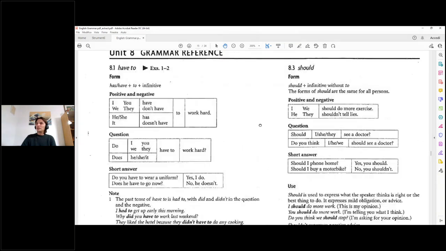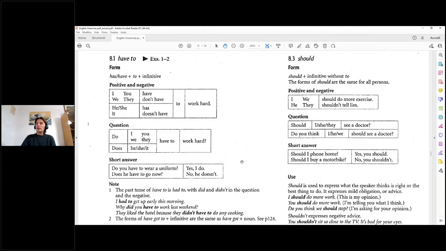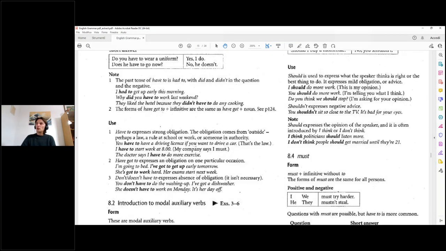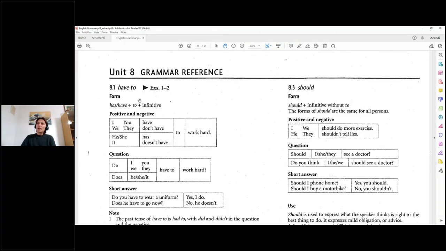So let's start right here with have to. Have to basically means that I must do something. Have to is very similar to must, right? The only difference is that have to is used when somebody speaks directly to another person.